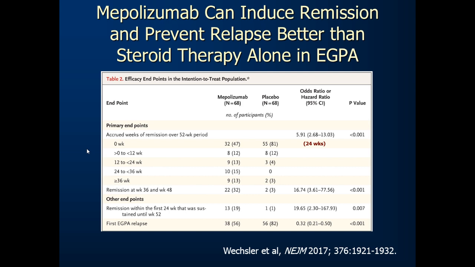Okay. So in that intention to treat population, at 24 weeks, there was an odds ratio of remission of 5.91 if you had received mepolizumab. And then the first relapse within that time period was higher in the placebo group, but still there's a high relapse rate.